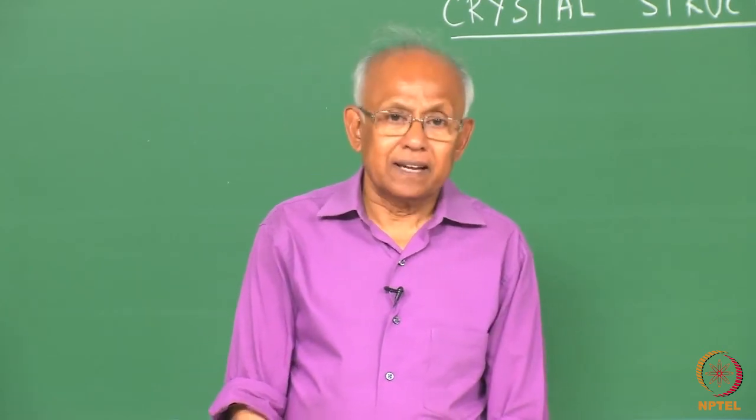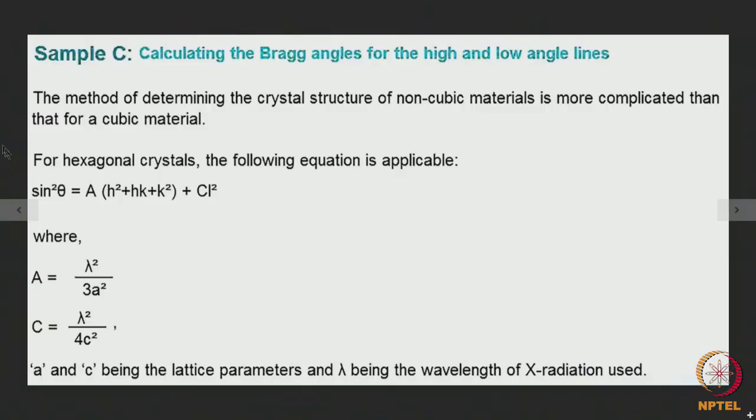Now, if we think about a hexagonal crystal structure, then the relationship between sin square θ HKL and HKL is given by sin square θ equal to A into (h square plus hk plus k square) plus C l square.